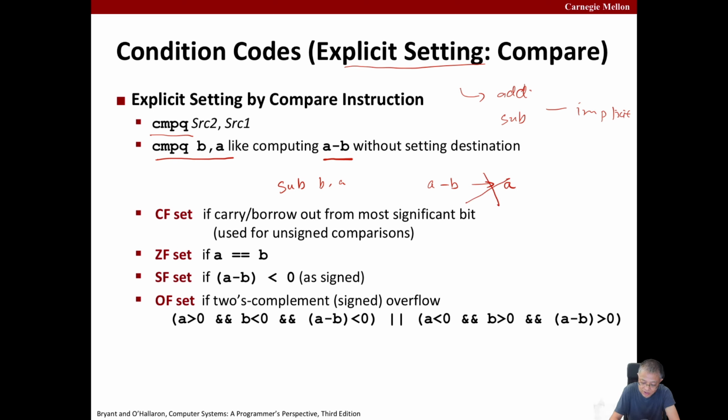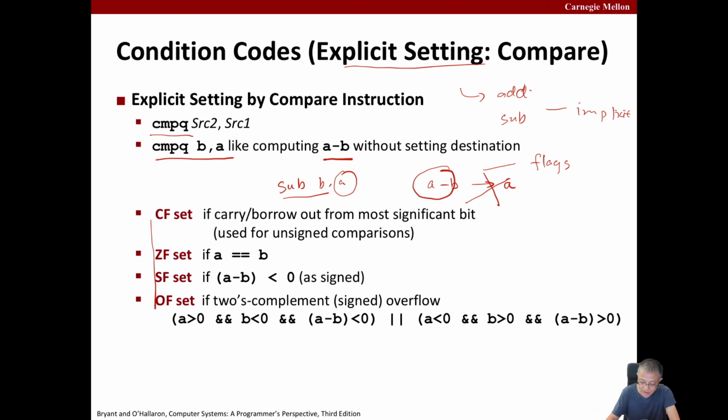It only calculates A minus B and sets those flags. That's the difference between subtraction and compare. The subtraction will change the destination register, but the compare will not change the destination register. So this will be the condition to be set.